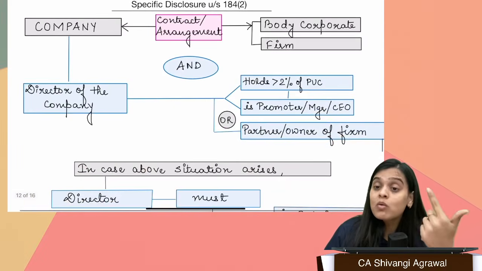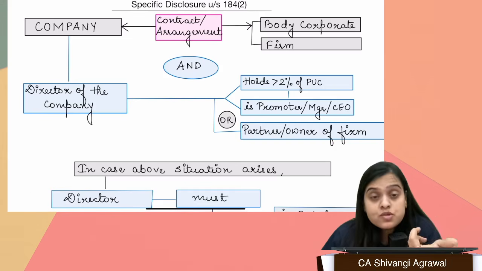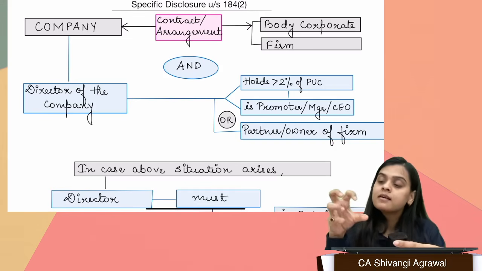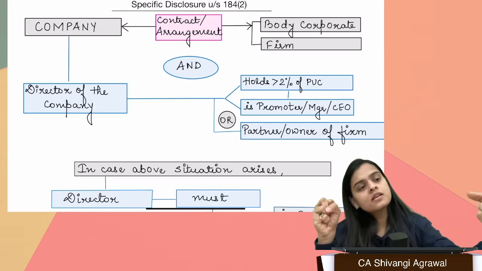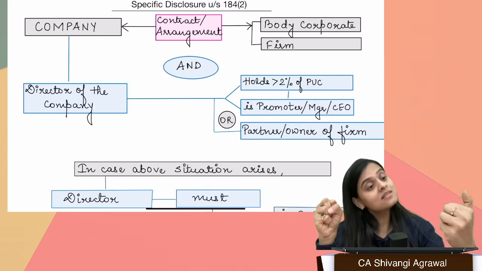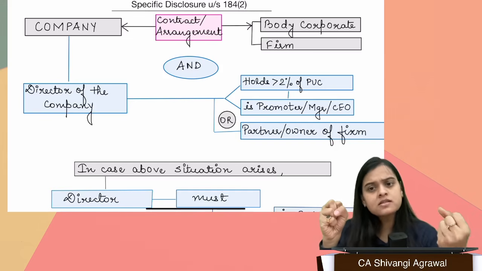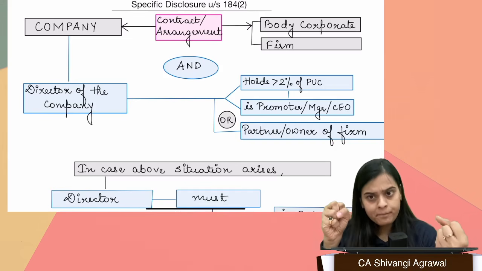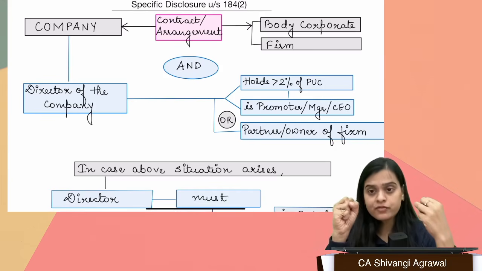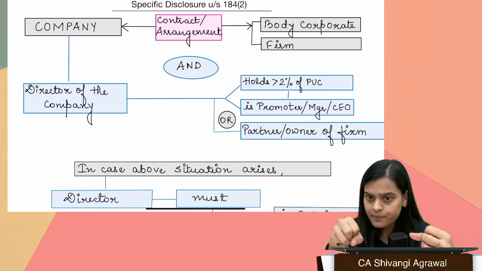Now there is something called specific disclosure also. Specific disclosure means the company is entering into a contract with another company, and in this company I have the shares or something like that, right? So I'm interested in this contract. I have to give another disclosure.